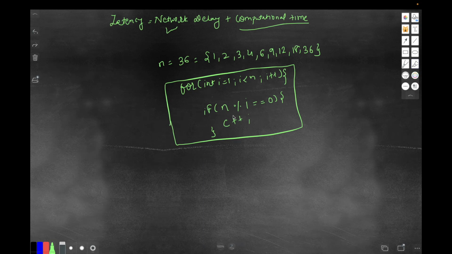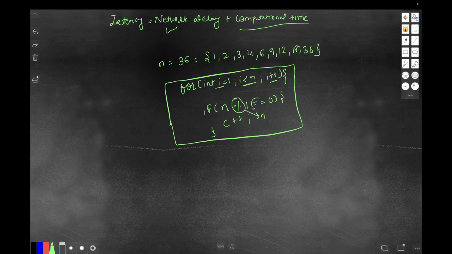So how many instructions are there in one iteration? Let's check that. This is the initialization part, so it will execute only once. What about this? This will execute n number of times. We will be checking this condition every time, right? And once the condition is checked, based on that we will increase. So this is also going to execute n number of times. What about this modulo? This is also done every time, I mean n number of times.